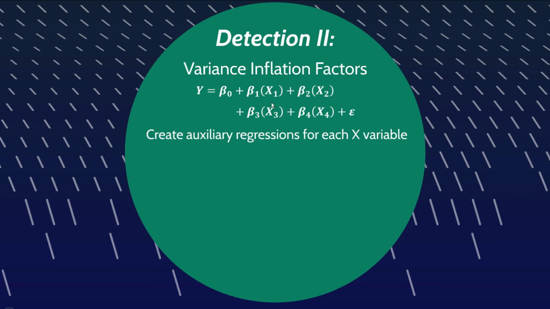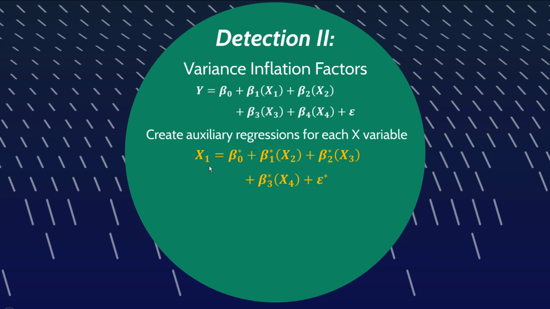So let's just take x1 and we'll create what's called an auxiliary regression for x1. And that's where we regress x1 on the 3 other x variables. So y is nowhere to be seen here. It's just x1 being our new dependent variable and being regressed on the 3 other x variables.